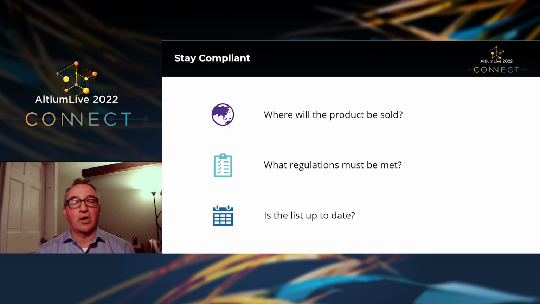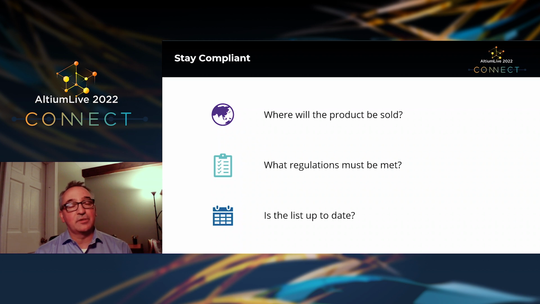What about other parts of the world? California has Prop 65. You have REACH. There's a special China REACH regulation. Make sure that you understand what regulations you have to meet, depending on where you're selling your products or where you're sourcing them from.